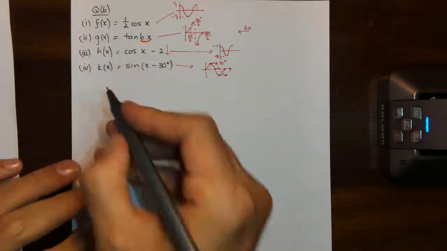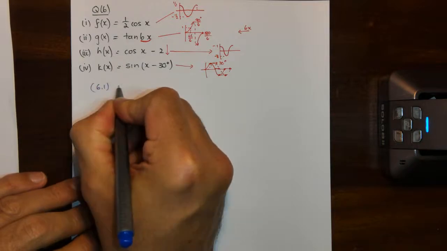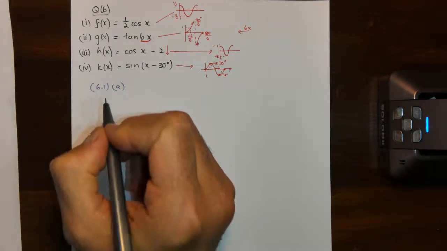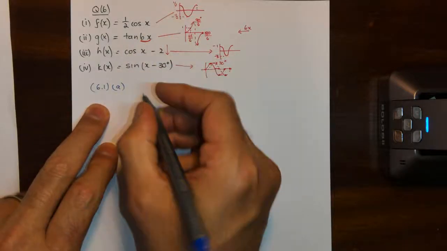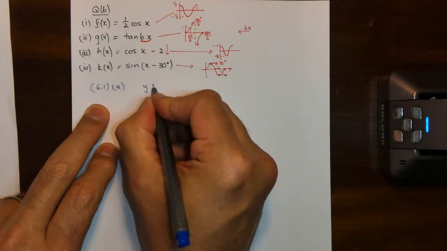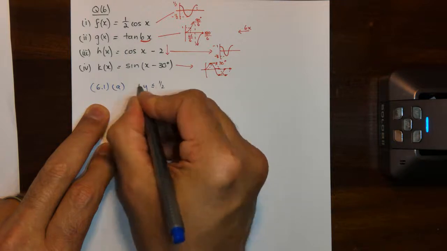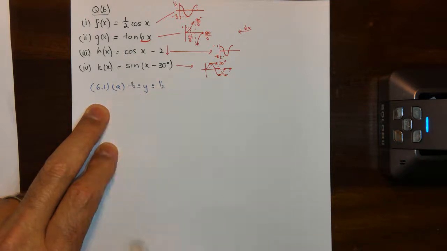Okay, let's see what are the questions that they ask us. First of all, in 6.1a, they said find the range of f. Now the range of f, we already have the image, so the y values lie between a half and minus a half.